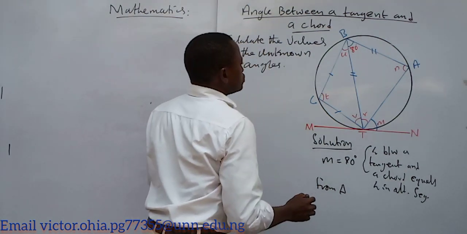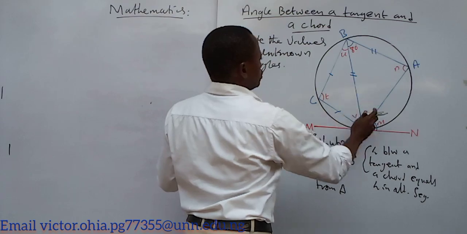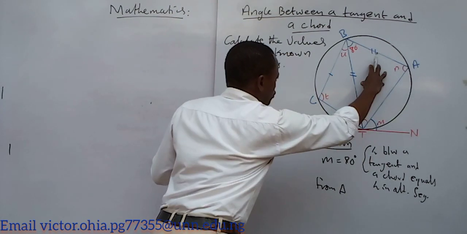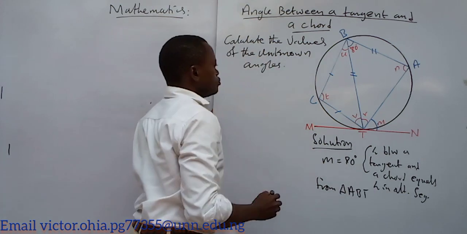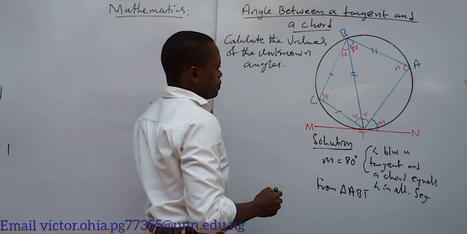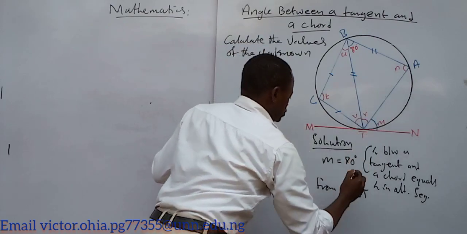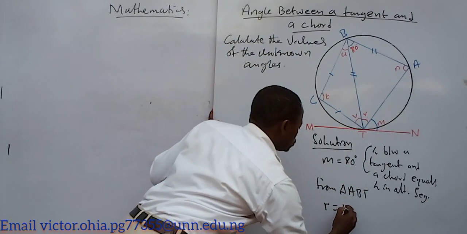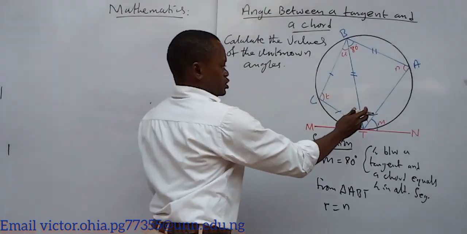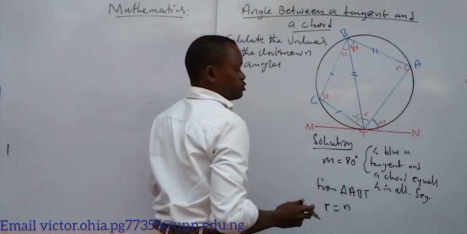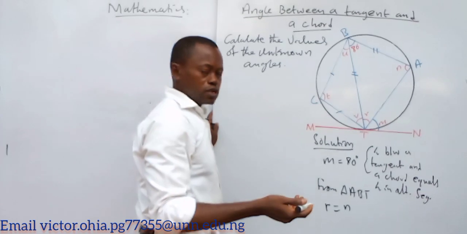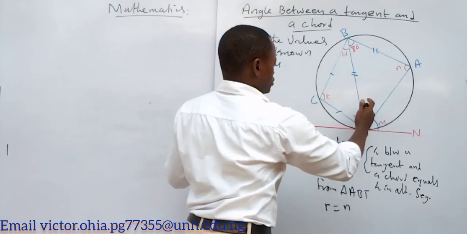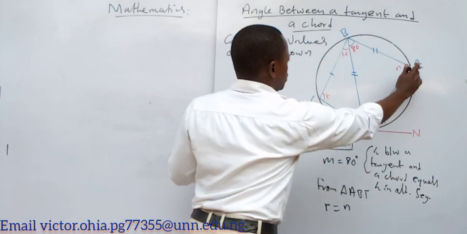Now, I will say again, from triangle ABT, you realize that R is equal to N. This angle here is equal to this angle N. Why? Base angles of isosceles triangles are equal, because this line BT is equal to BA.